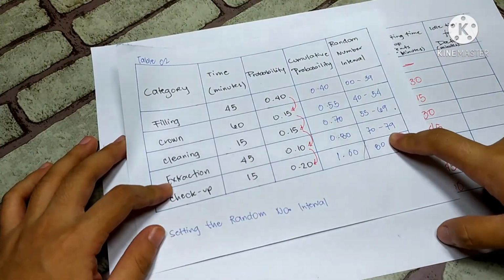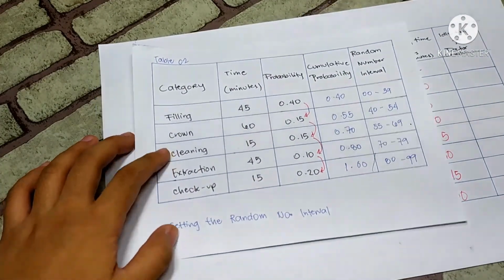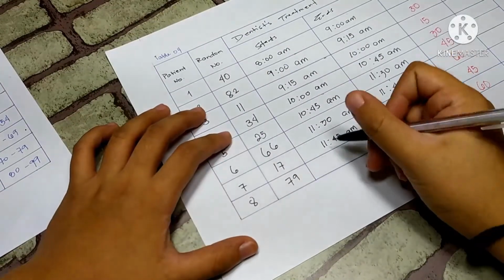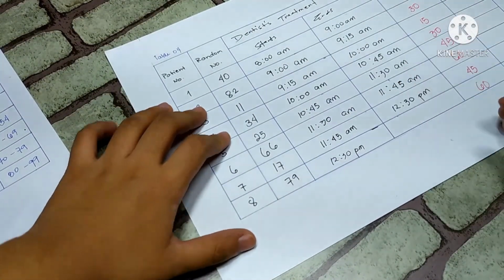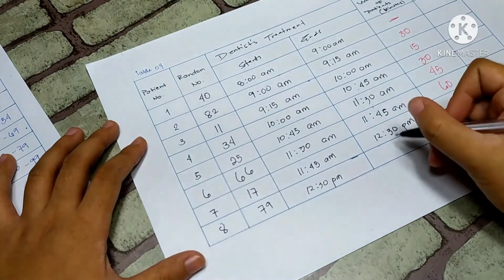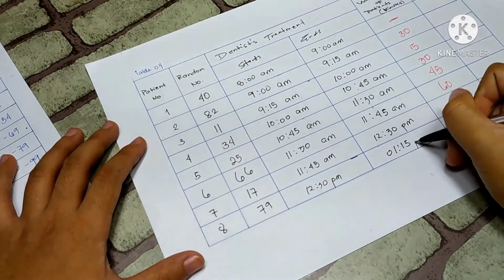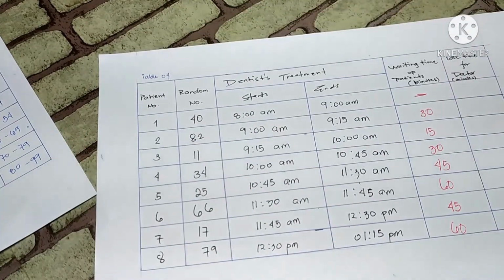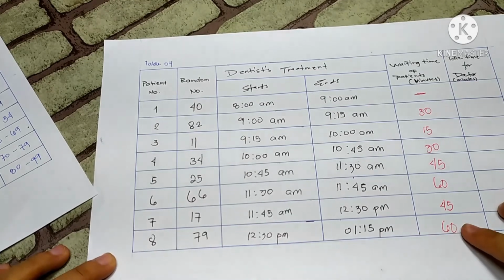So, dito siya sa extraction, which is 45 minutes din. So, from 12:30 p.m. up to 1:15 p.m. So, ito na nakuha na natin yung waiting time per patient.